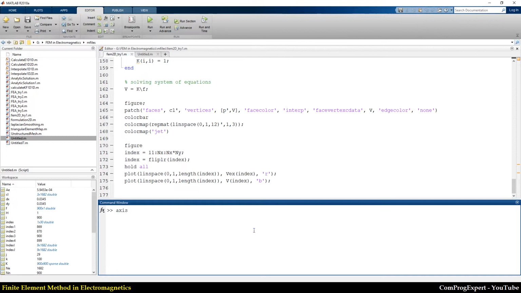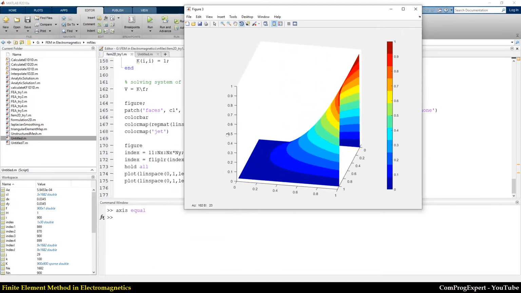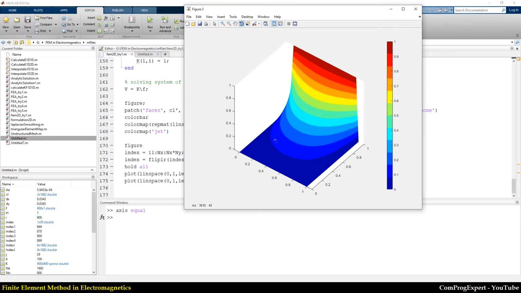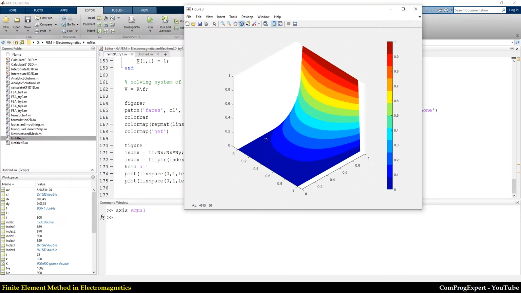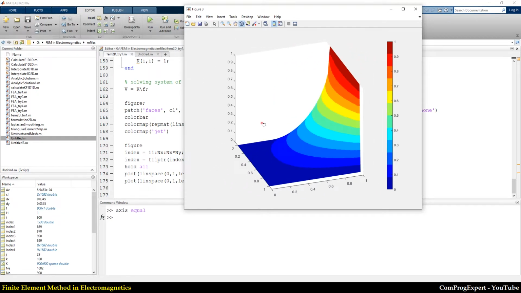Let me write here axis equal, and you can see this surface, right? So this is the electric potential distribution. Here is 0, 0, 0, and here is 1, right? So the value of Dirichlet boundary condition is discontinuous, right? So when we have a discontinuity on boundary condition, Dirichlet boundary condition, the convergence is hard to achieve.